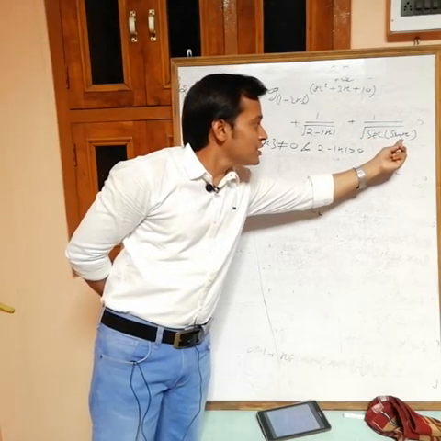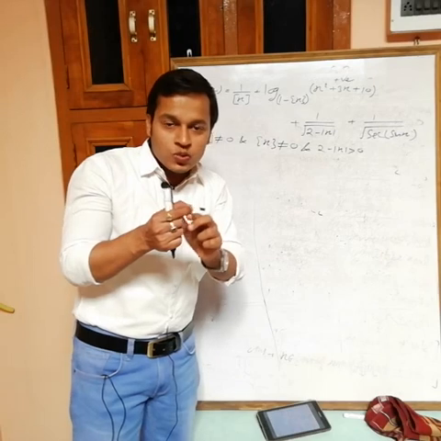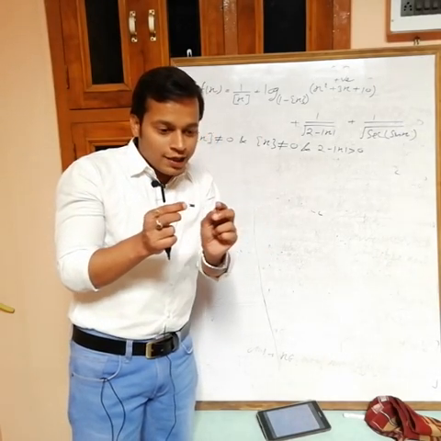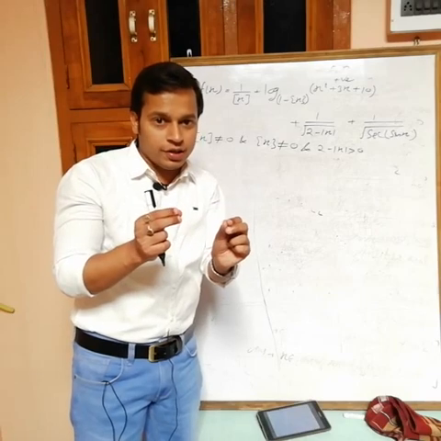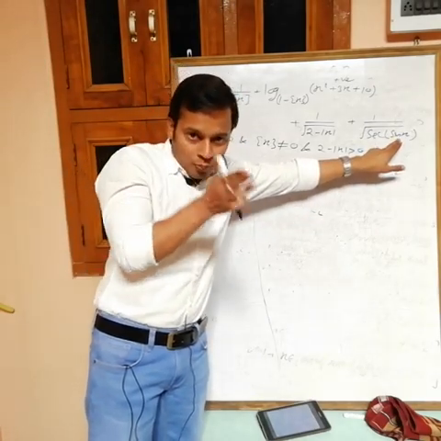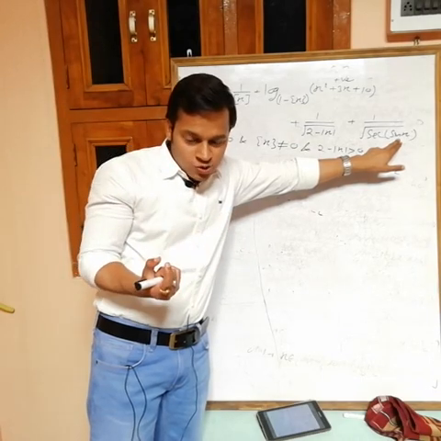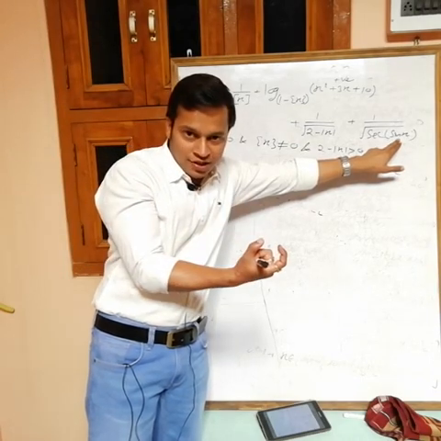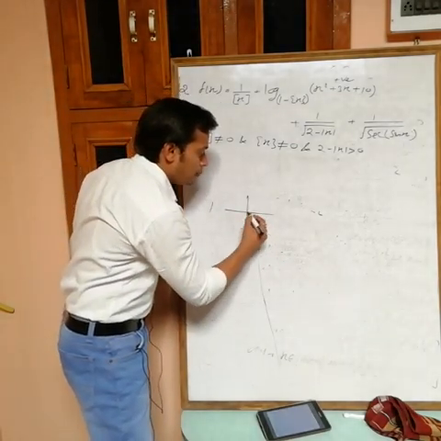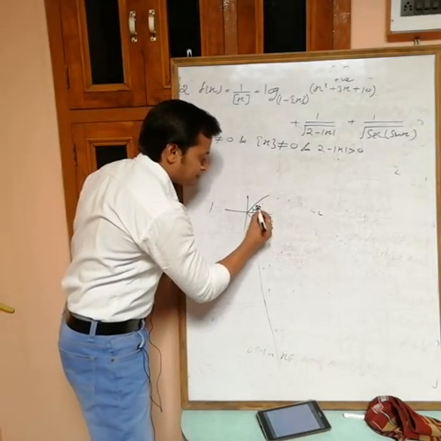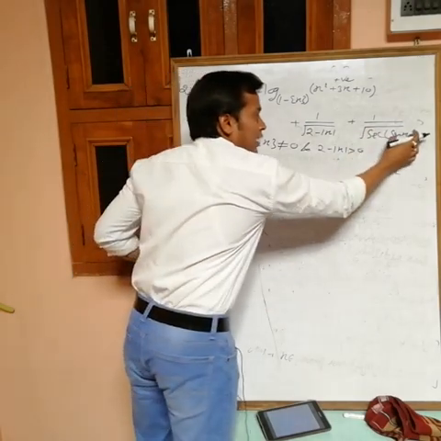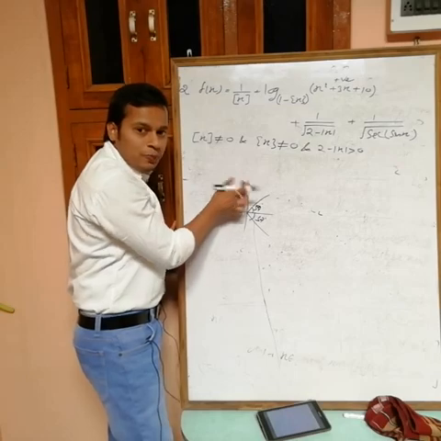Because sin x goes from minus 1 to plus 1, it means about 57 degrees, so minus 57 degrees to plus 57 degrees. For any value of x, this angle belongs to minus 57 to plus 57.